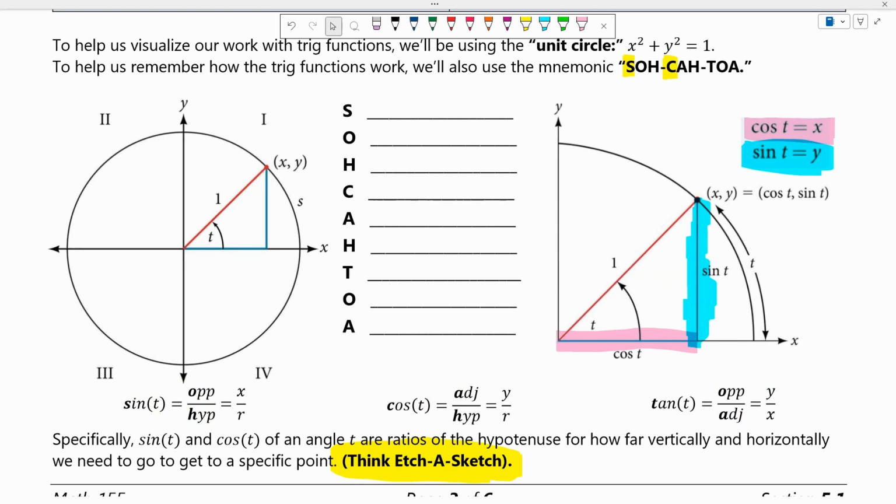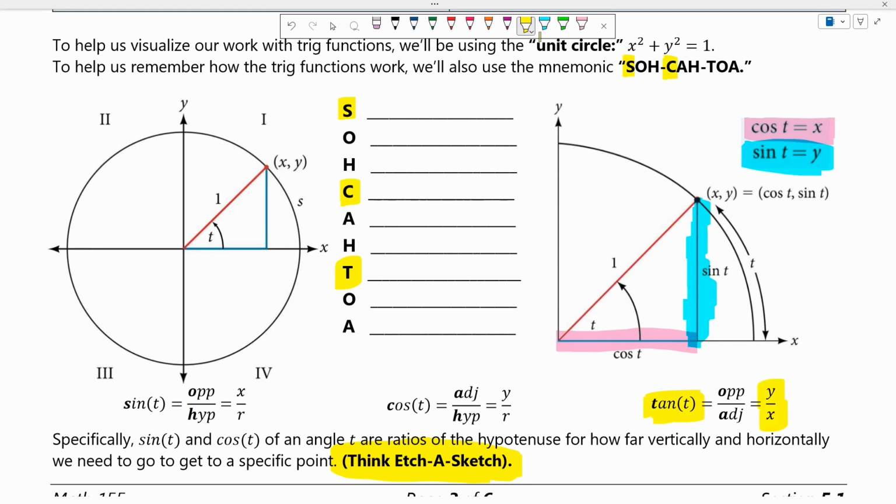Okay. So now that we know what sine and cosine are, there's one more function that we can relate. It's tangent. If we know that sine and cosine are the y and the x, the tangent is y divided by x.